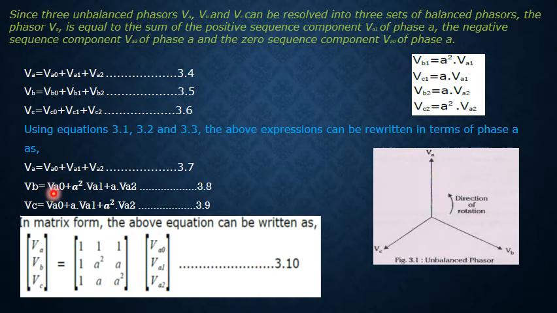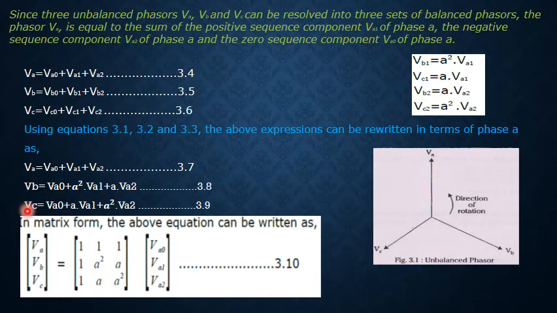What is the magnitude of va0 we are having for the second equation? Once again it has a magnitude of 1, so 1. And then next, what is the magnitude for this value? A square. So let us represent over here a square. Then what is the magnitude for this value? We are going to get a, so let us represent it by a.